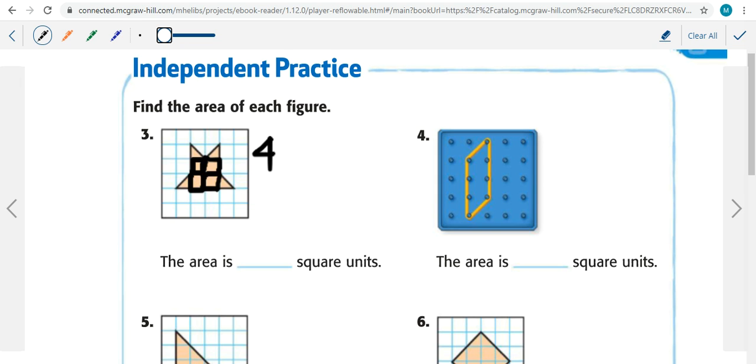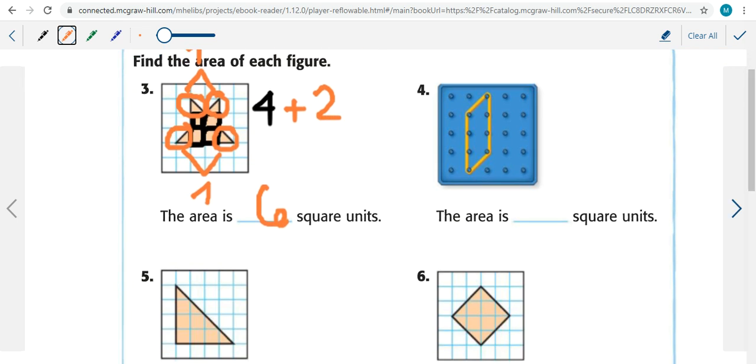After we count the whole squares, we need to count the halves, los que están a la mitad. 1, 2, 3, and 4. So we are going to add. Remember that 2 halves make 1 whole square. Here we have 1. So we have 4 plus 2 equals 6.